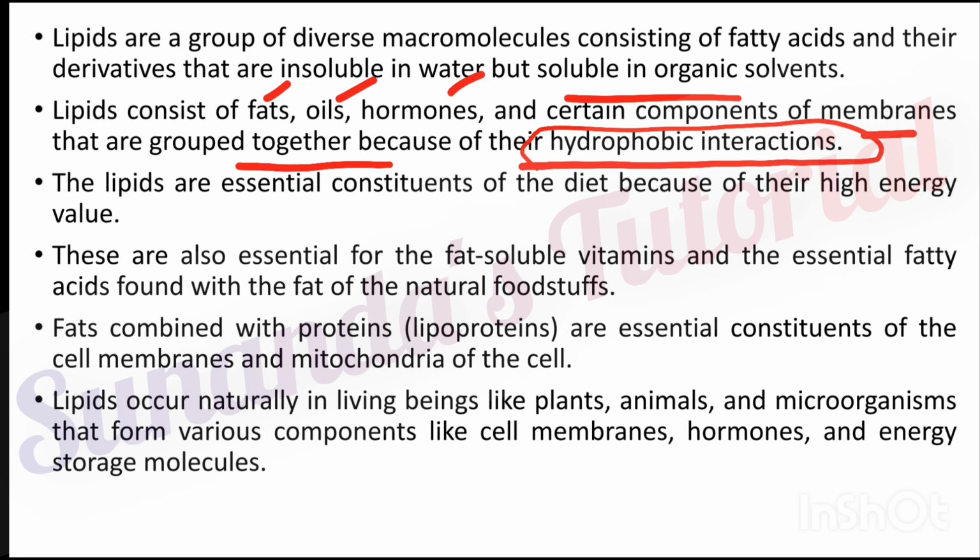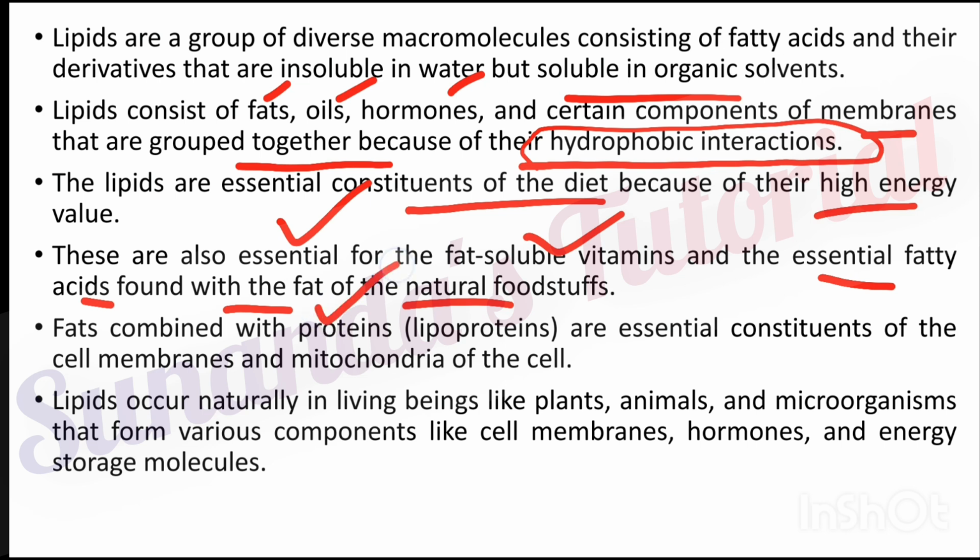These lipids are a very essential constituent of the diet because of their high energy value. They are also essential for fat soluble vitamins and the essential fatty acids found with the fat of natural foodstuffs.